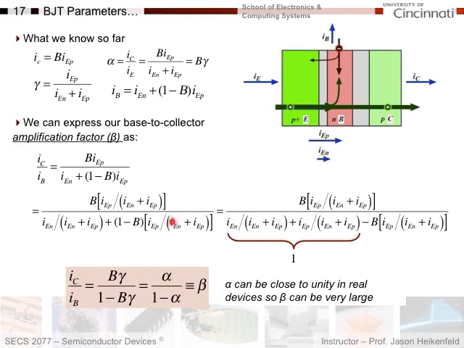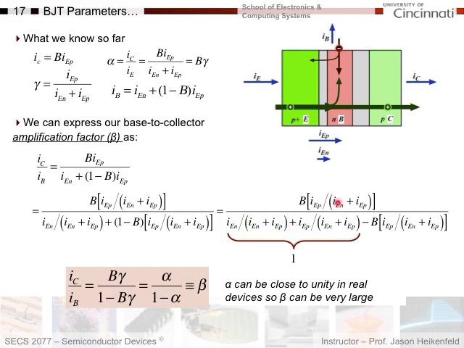If I do that, and I notice that this term over here, I have 1 times this, then I'll have this plus this, and I'll have IEN plus IEP over IEN plus IEP. Well, that's just equal to unity, right? So that's easy. So I end up with a 1 for all this stuff.